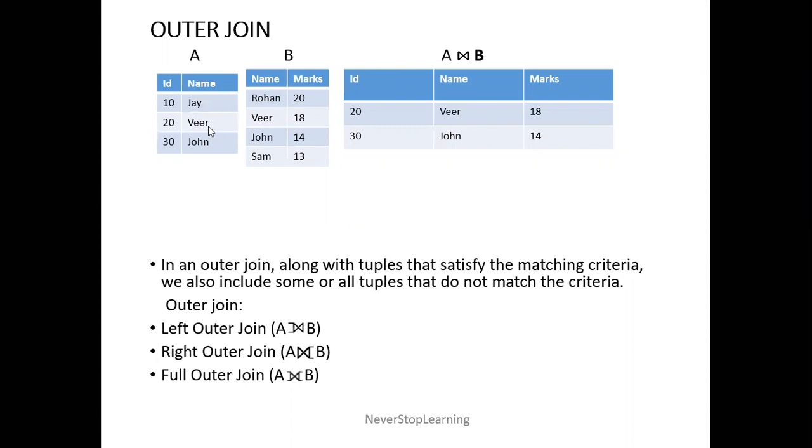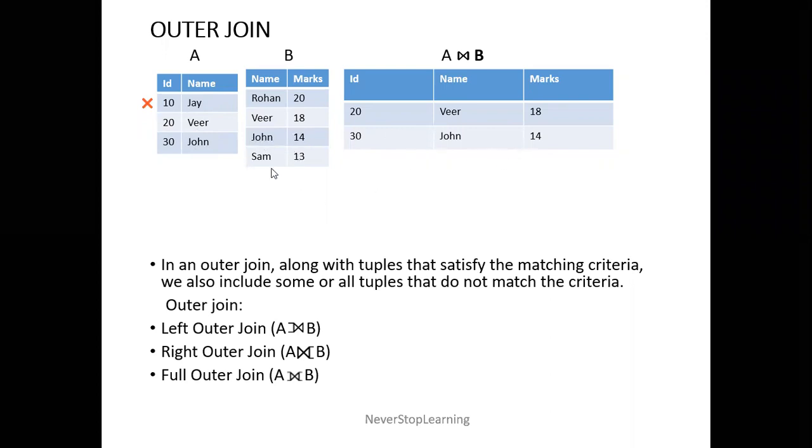Now, in table A we have a tuple 10, j, but this name j is not there in table B. So this data will not come in my resultant table. Veer is there in table B, so the id of Veer and marks of Veer are going to come in the resultant table. Third one is John, who is also present in table B, so this will also come in the resultant table.